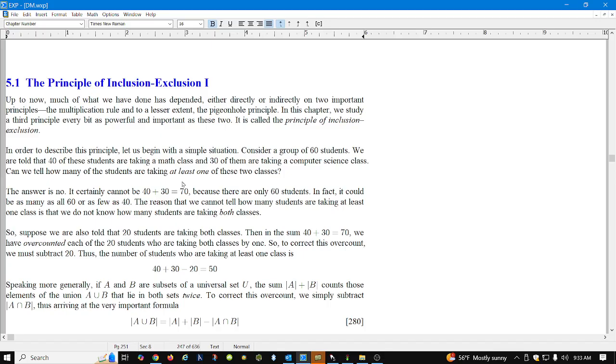It could be as few as 40 students, because if all of the 30 students taking computer science are also taking math, then the answer would be 40.